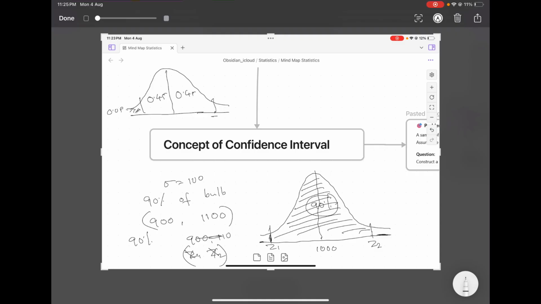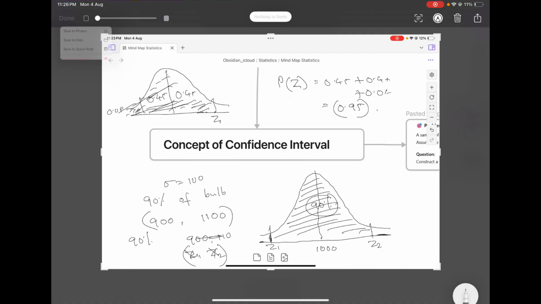So all this area to this side will be 0.45 plus 0.45 plus 0.05, which is 0.95. So you can use the Z table that corresponds to this full area.